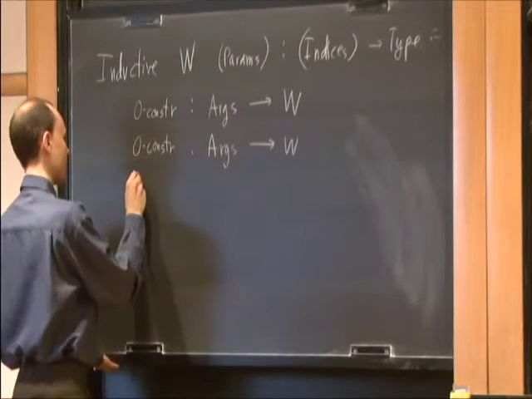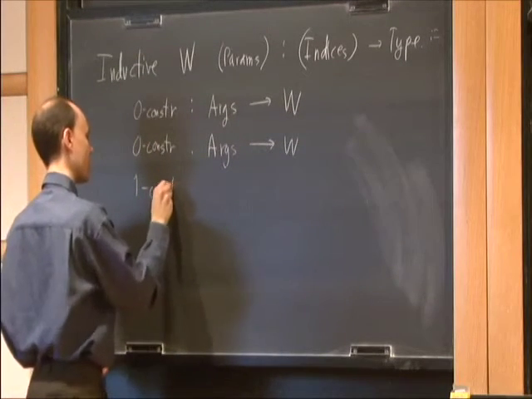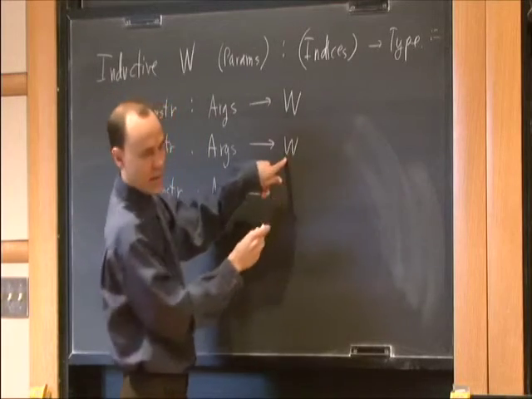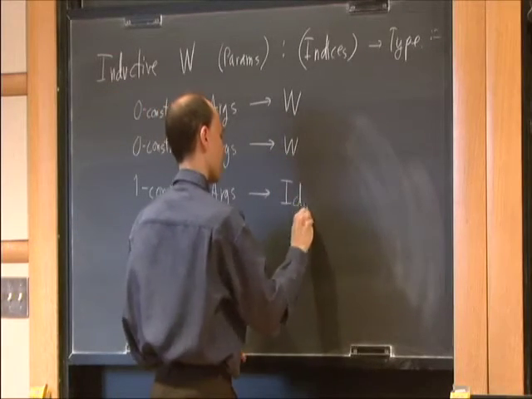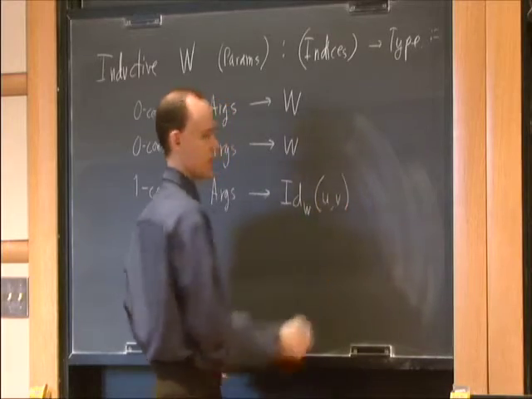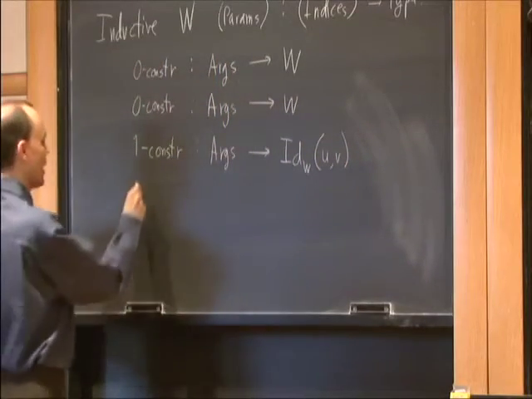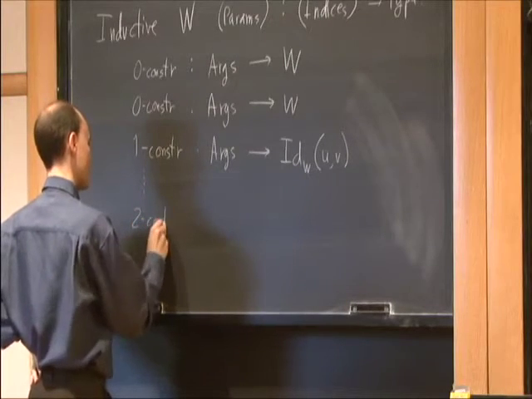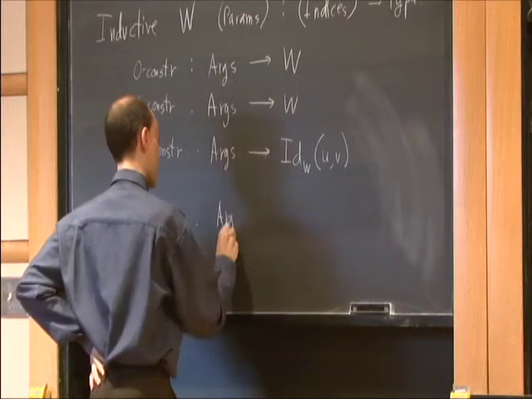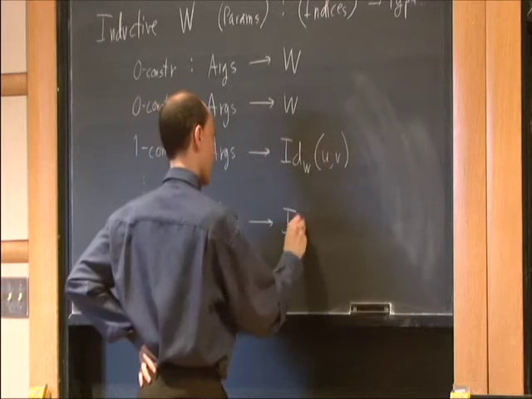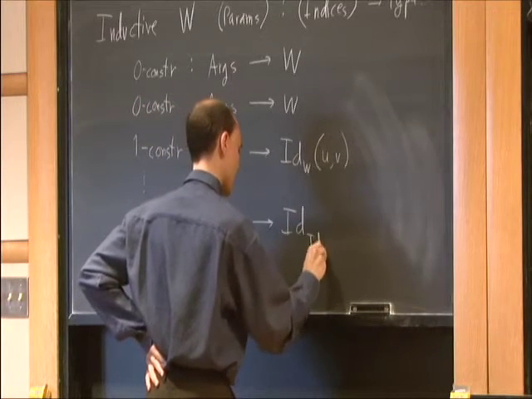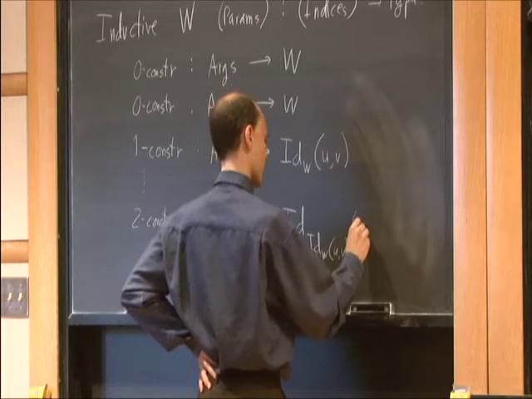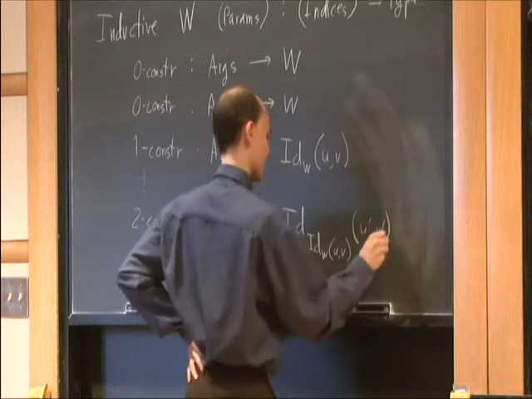But then we can also have what I'm going to call one constructors, which also take some arguments, but then instead of an element of the type, they output some element in the identity type of the type between some elements U and V, and maybe we can have some other one constructors, and then maybe there's a two constructor in general, which takes some arguments and outputs something in the identity type of some W, W prime, V prime, or something.